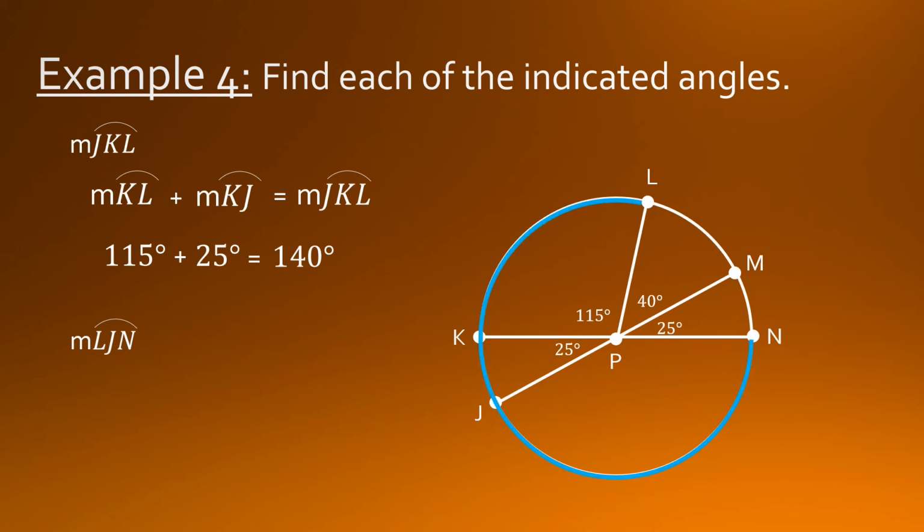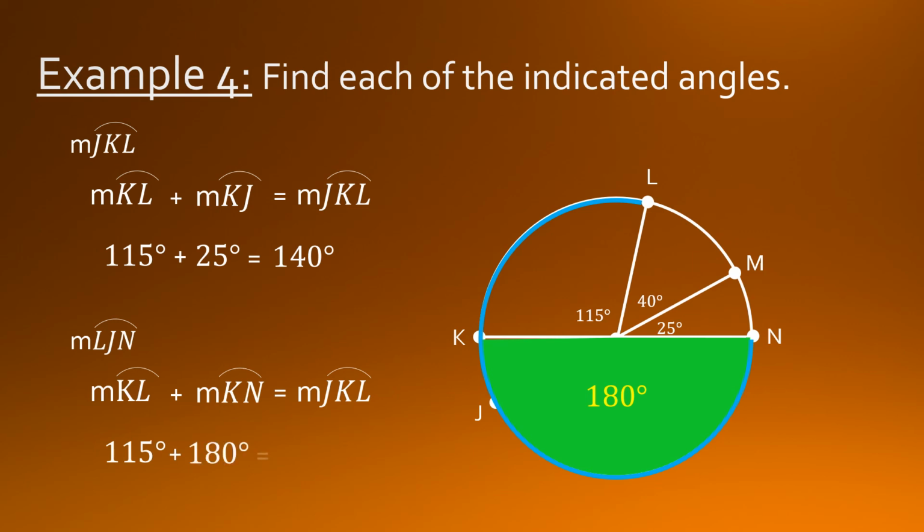Next, we would like to know what's the measure of arc LJN. So that's a whole big piece. We know that KN is a semicircle, 180 degrees, and KL is 115 degrees. So we can say KL plus KN, or 115 plus 180, would give us 295 degrees for the measure of arc LJN.